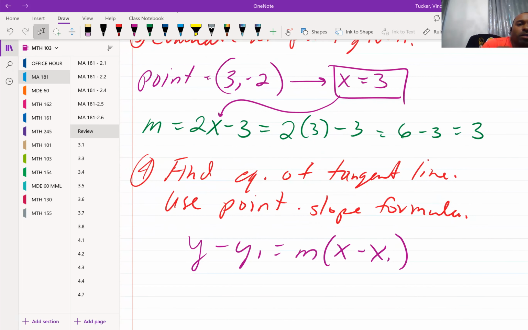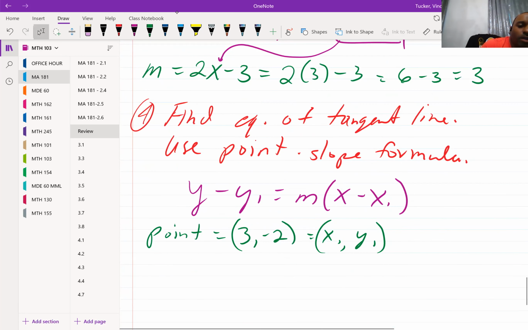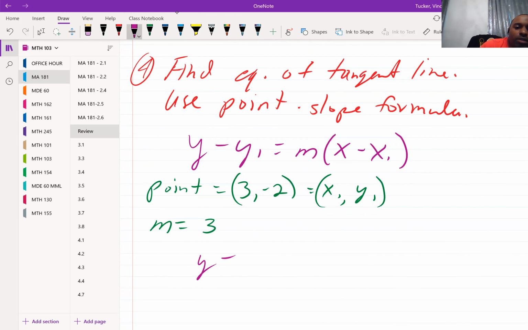All right. So they gave us the point, which is (3, -2), and we calculated our slope, which was 3. So we use those two pieces of information to now plug into the formula.